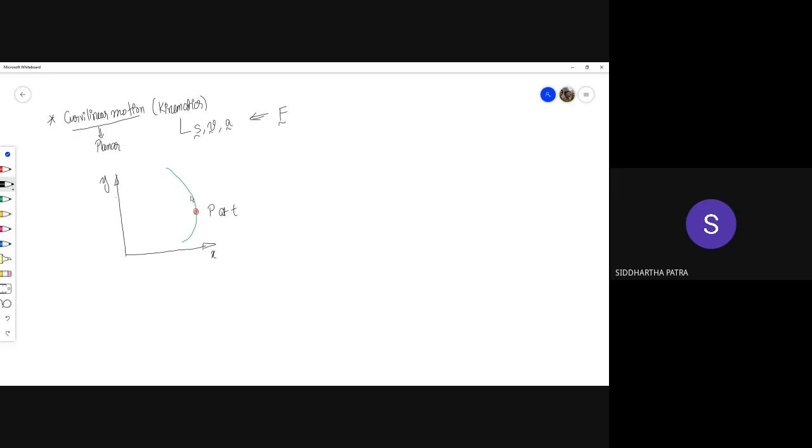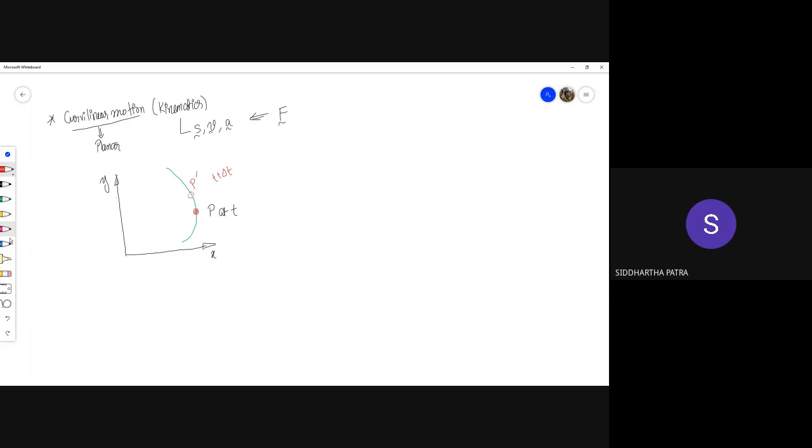And after an incremental time delta t, so at t plus delta t, the particle moves to a different location, at a point P prime.